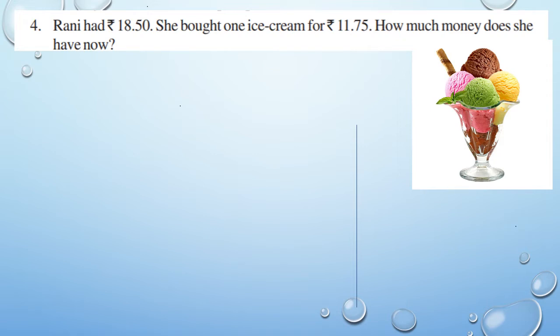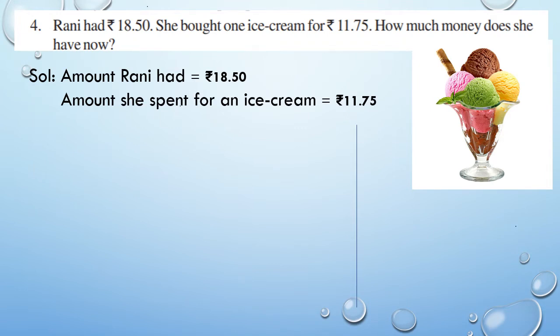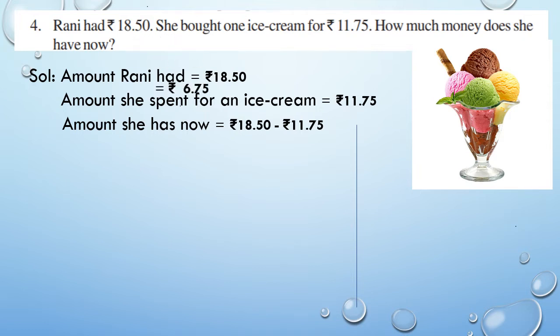So what is the first statement, children? Amount Rani had: 18 rupees 50 paise. Next statement, amount she spent for an ice cream: 11 rupees 75 paise. Then amount she has now is 18 rupees 50 paise minus 11 rupees 75 paise, which is 6 rupees 75 paise.